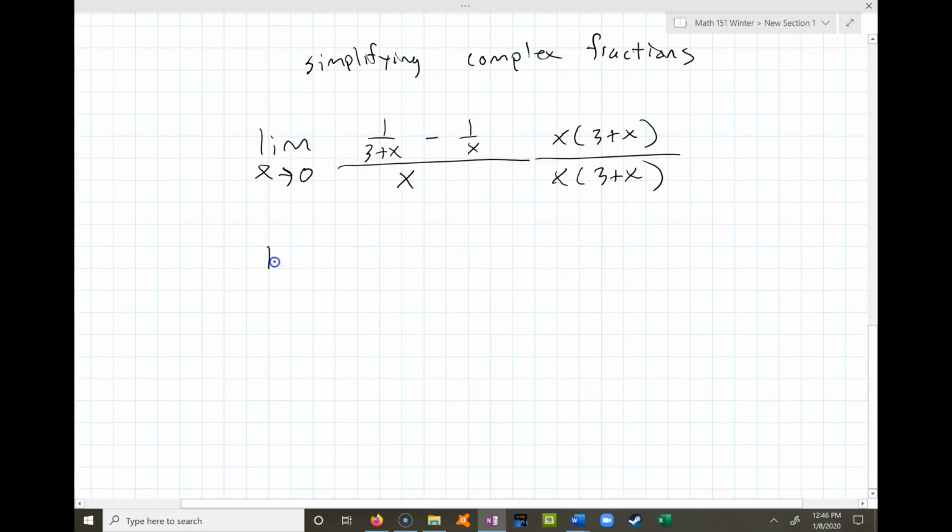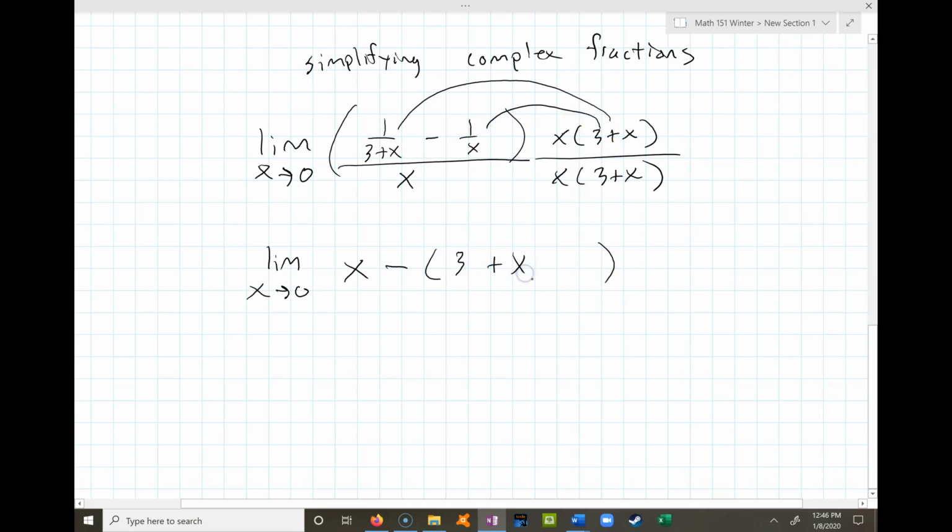So when I do that, I get the limit as x approaches 0. And notice when I multiply, I multiply both terms by that. When I multiply by this, the 3 plus x cancels out, and I'm left with just x. And I have a minus, so I'm going to put a parenthesis there so I know the minus applies to everything. When I multiply this by that, the x's cancel out, I'm left with the 3 plus x. Of course, in the bottom, I have x squared times 3 plus x.